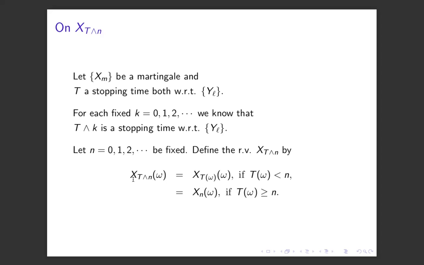See the point here is, for example, n need not be integer valued, X need not be integer valued. Of course, since in this course we are considering discrete time martingales, without loss of generality you take it to be integers, but they just have to be some finite or countable state space. So the point is, if T(omega) is a constant, let us say 10, it will be X sub 10 of omega.